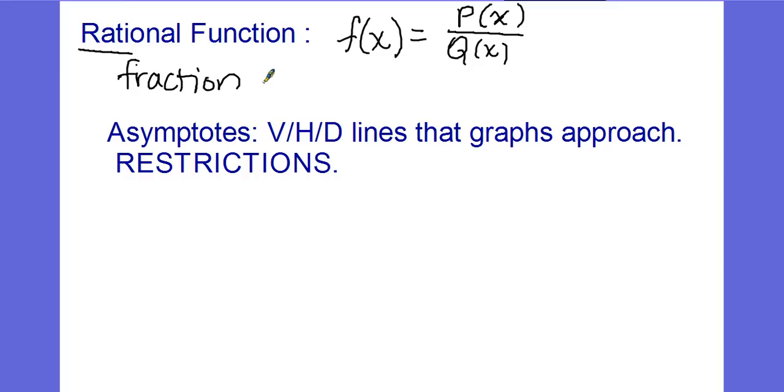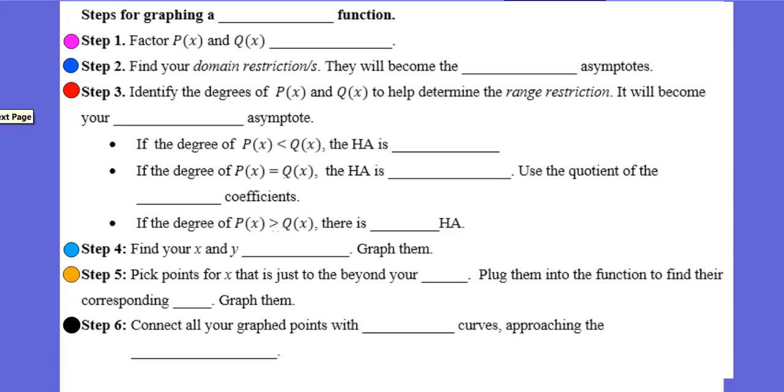Every once in a while, you will cross a horizontal asymptote. That's not going to happen this year. So you can just file that back in your head and remember that your math analysis teacher told you that every once in a while you can cross a horizontal asymptote. But we're not going to do that this year. Asymptotes are lines that you're not allowed to cross. They are restrictions.